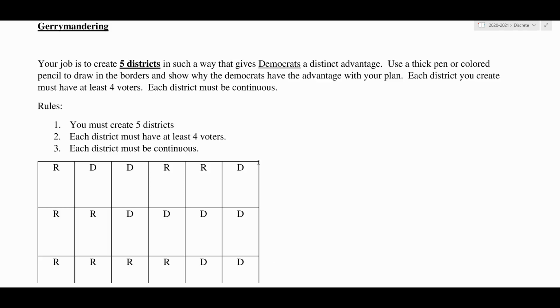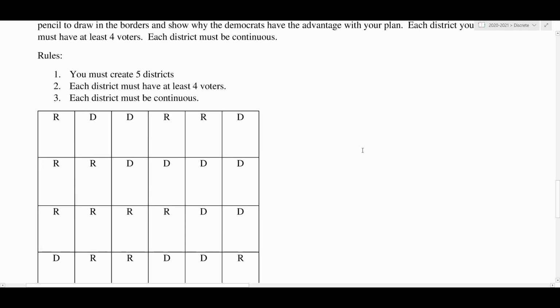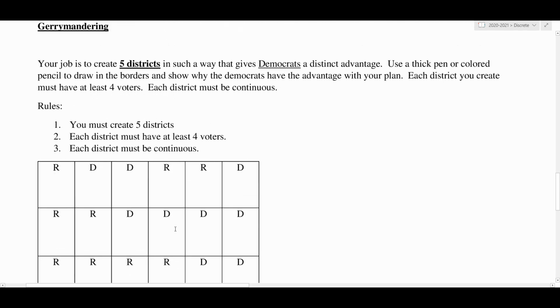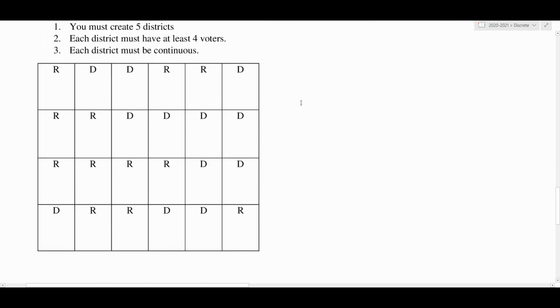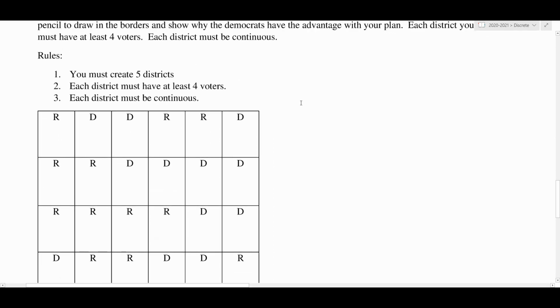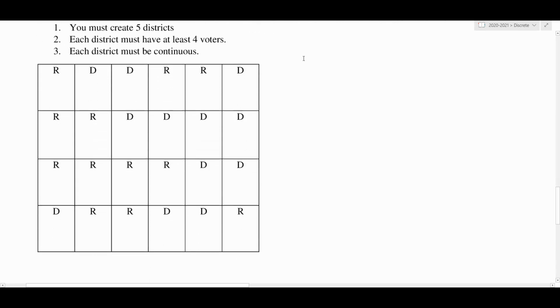I want to give you an example of this with a very easy to look at state. If you read this, we're going to gerrymander this so that we give Democrats a distinct advantage, and we have to create 5 districts. Let's say in our hypothetical state, we have been apportioned 5 representatives, and we have our rectangular state here.